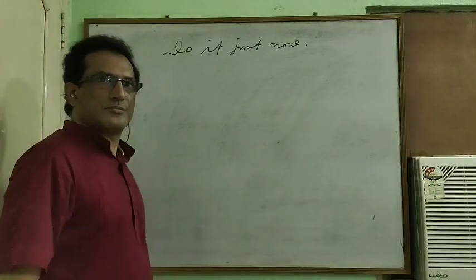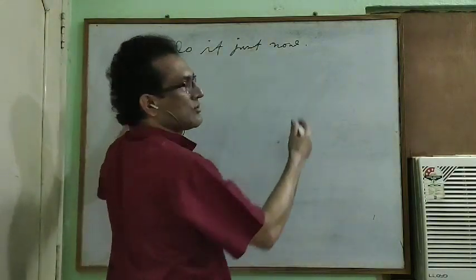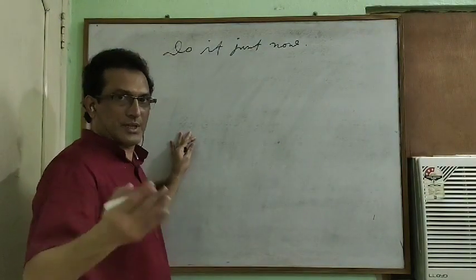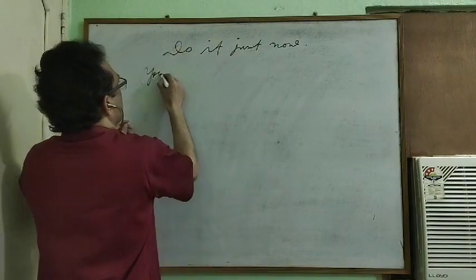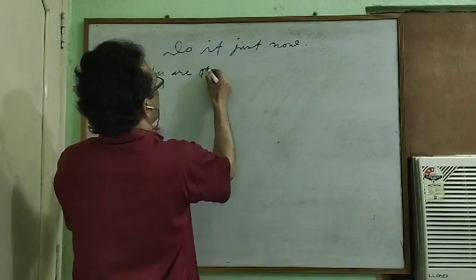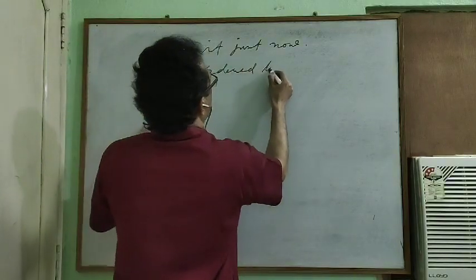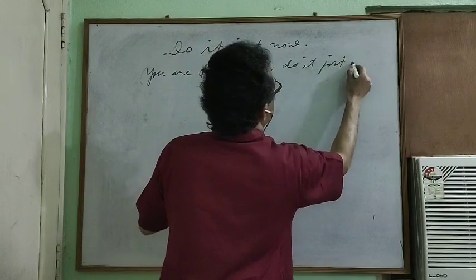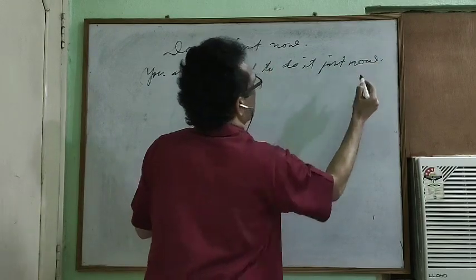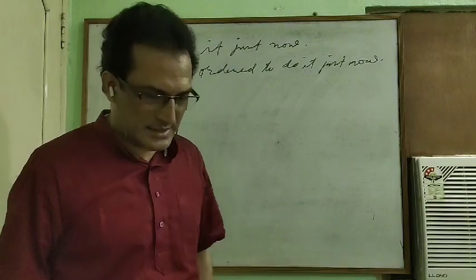So in this case there is no object. So in such kind of sentences, how do we change to the passive? You are ordered to do it just now.